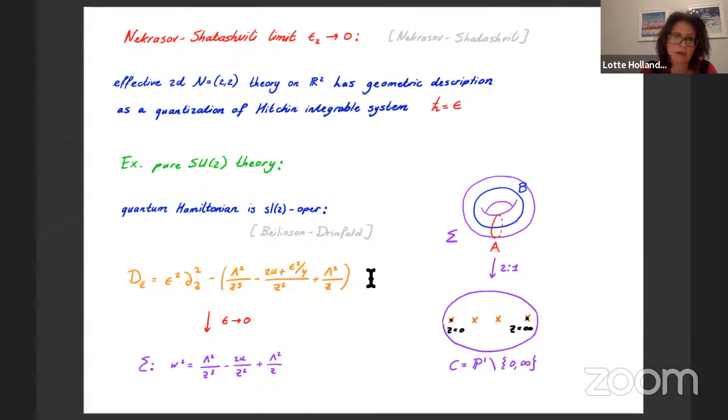For instance, if we consider the pure SU(2) theory, then the quantum Hamiltonians of the corresponding Hitchin integrable system are known to be SL2 opers, and they can be parameterized in this case by a differential operator of this form here: epsilon squared d_z squared minus basically the term that we already saw in the description of the Seiberg-Witten curve, which in the limit where epsilon goes to 0 reduces to the Seiberg-Witten curve that we had.